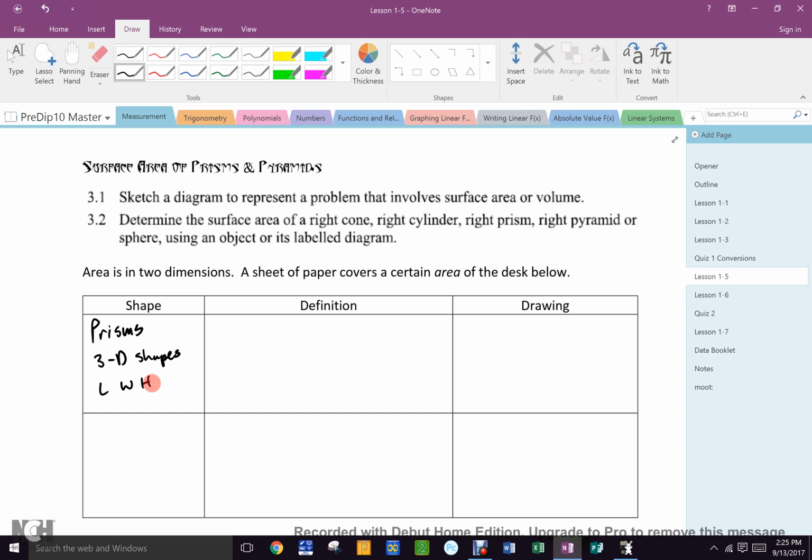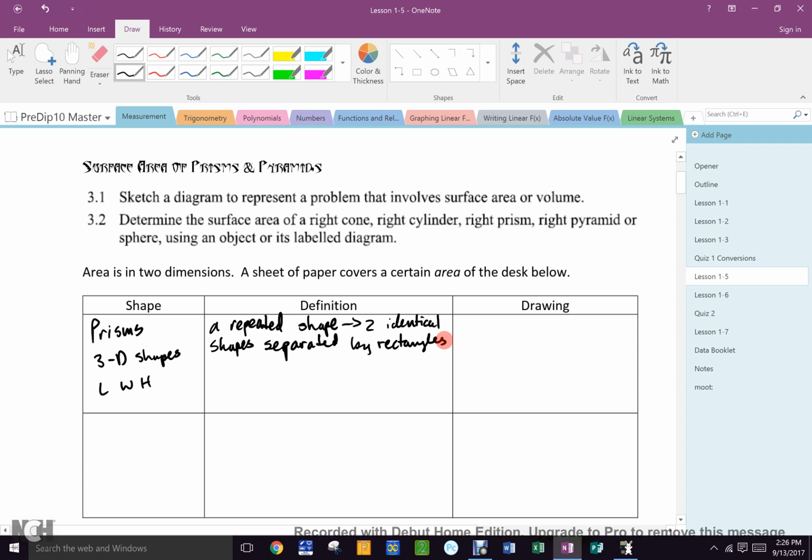What do I build? A prism. So a prism is simply a repeated shape, or 2 identical shapes separated by rectangles.